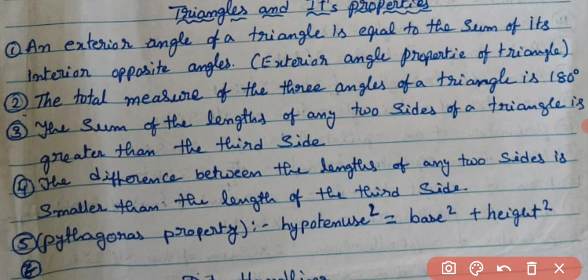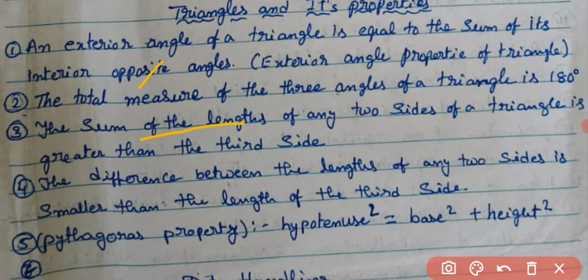Now the third property: the sum of the lengths of any two sides of a triangle is greater than the third side. This property is used to prove whether given sides are the sides of a particular triangle or not. Let us see this property.